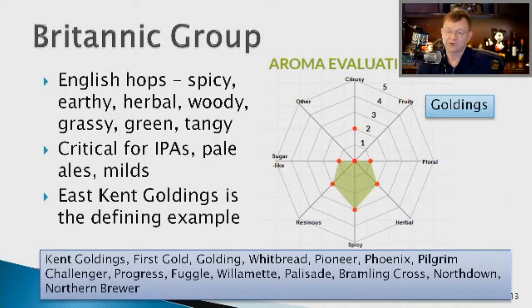The Britannic group, which you're probably very familiar with, is almost the opposite of that. The Britannic group has a lot of spicy, earthy, herbal, woody, grassy, green, tangy flavors. East Kent Goldings is perhaps the defining example for the group, but many of you are probably familiar with Fuggles, Willamette, Northdown, Northern Brewer, other traditional English hops.